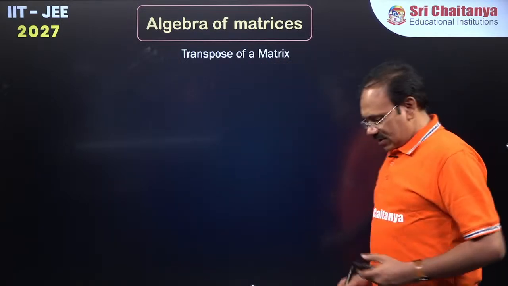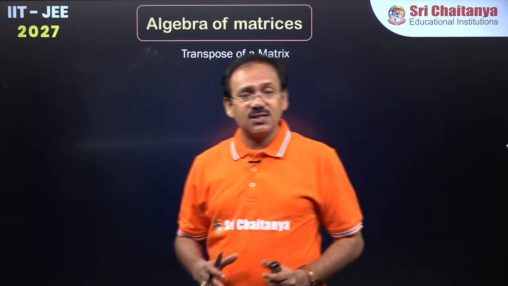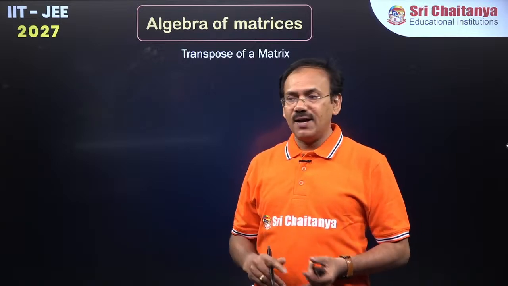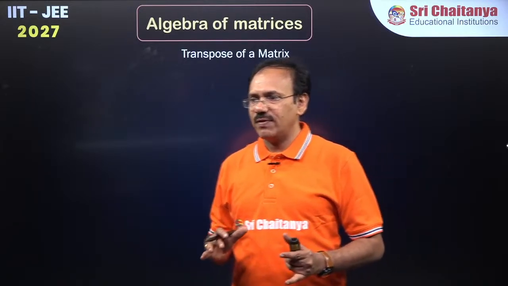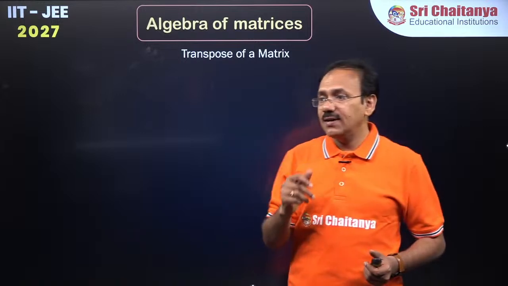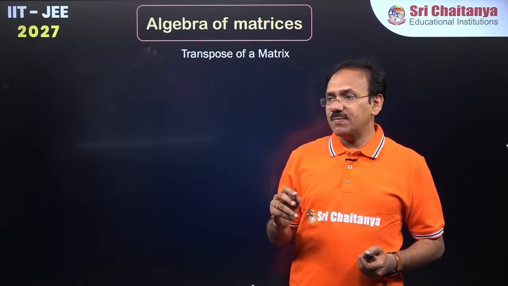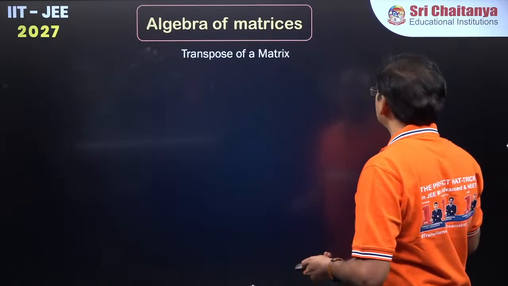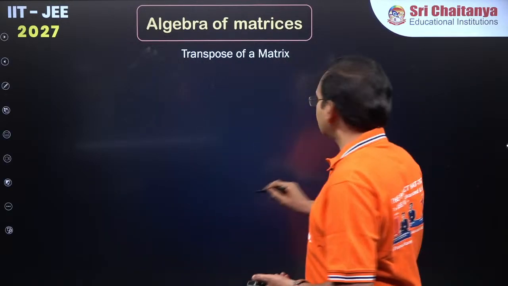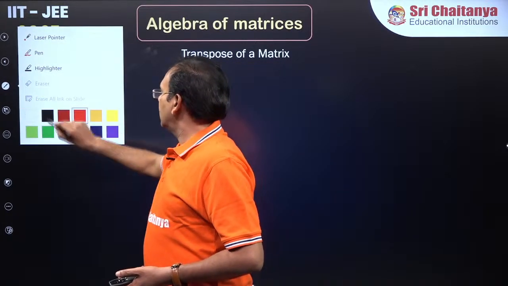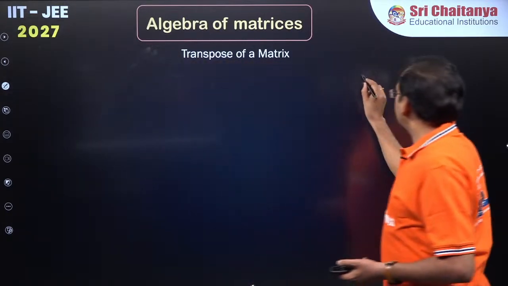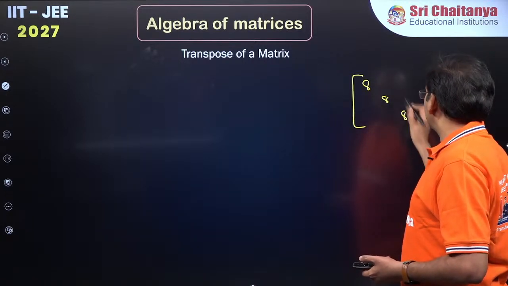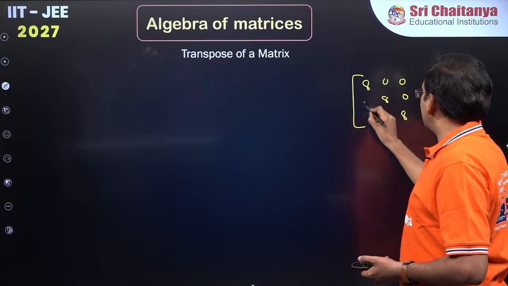Okay, now algebra of matrices we need to discuss. First we shall define transpose of a matrix, followed by addition, multiplication, all these things. Somebody is asking, sir, please explain the difference between scalar matrix and identity matrix. It's simple. Scalar matrix means the principal diagonal elements must be the same and the other elements must be 0.